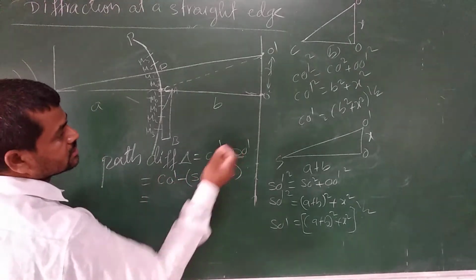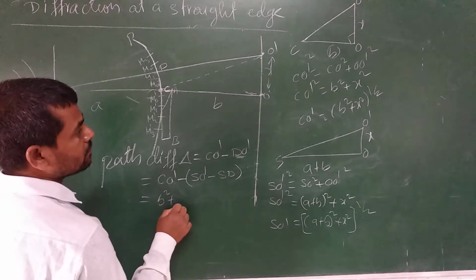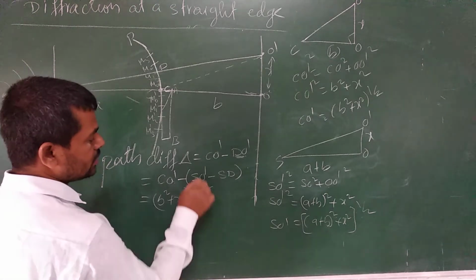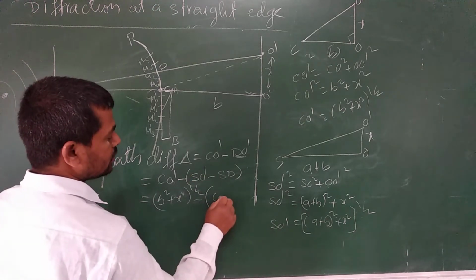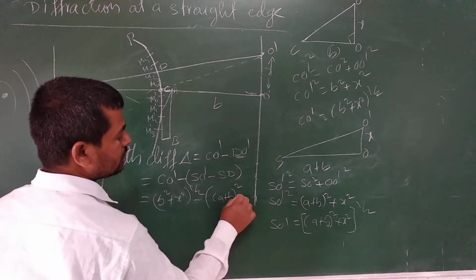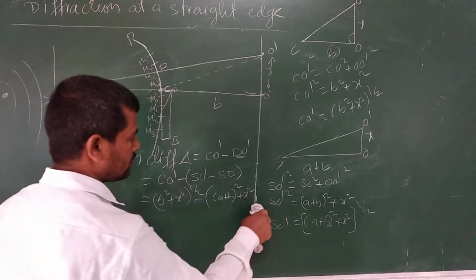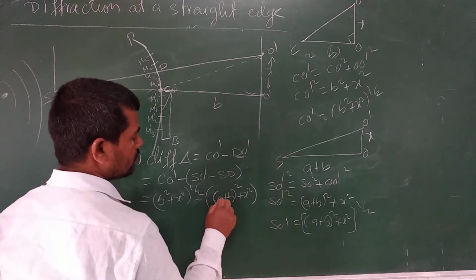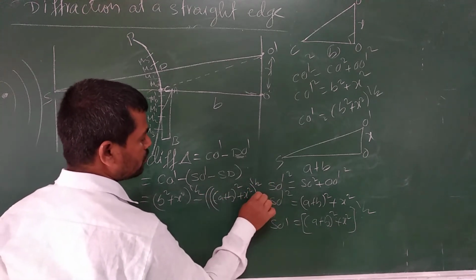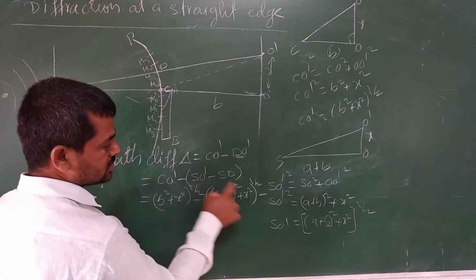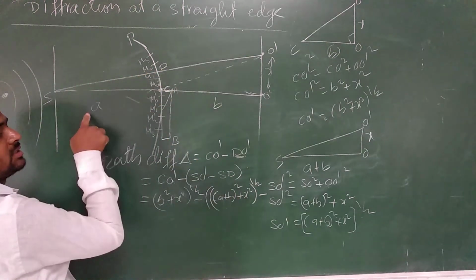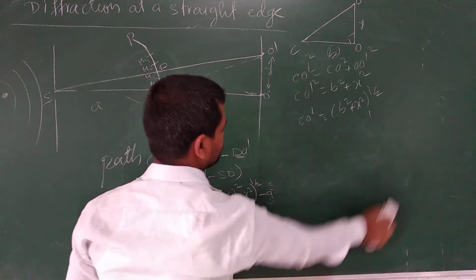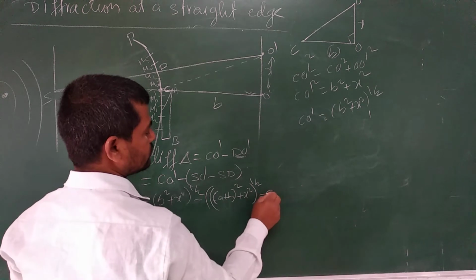Now see, CO dash, B square plus X square power 1 by 2, minus half S0 dash, A plus B whole square plus X square power 1 by 2, minus S0 dash minus SD, S2D is A. Close the bracket.